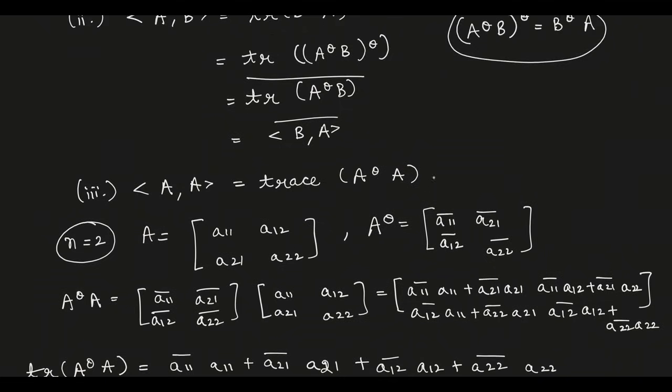So trace will be in general summation mod of aij square, and clearly it will be greater than or equal to 0.